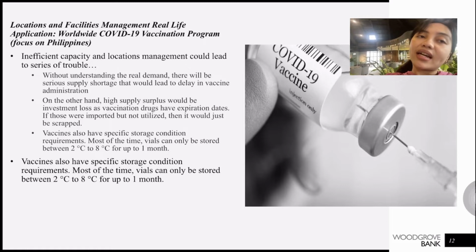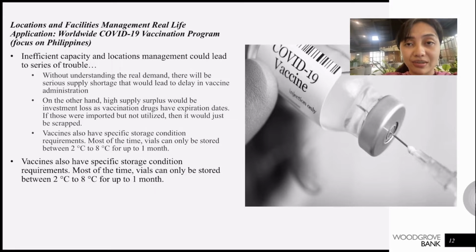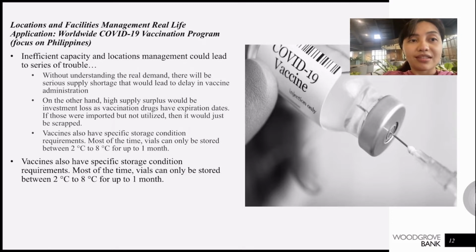On the other hand, a high supply surplus would also be an investment loss, as vaccination drugs tend to have expiration dates, and if those are imported but not really utilized, then of course they will unfortunately need to be scrapped. Also, vaccines have specific storage requirements.